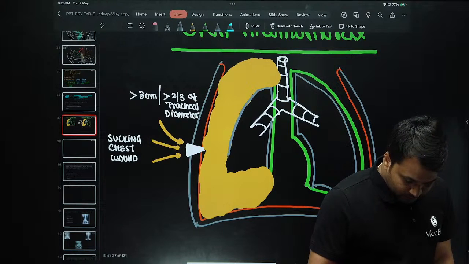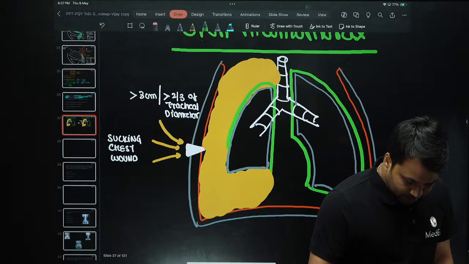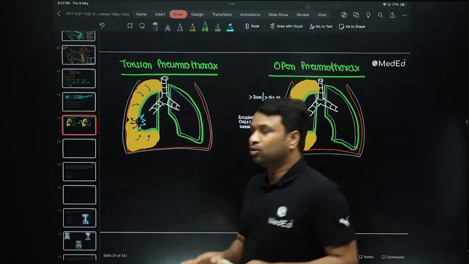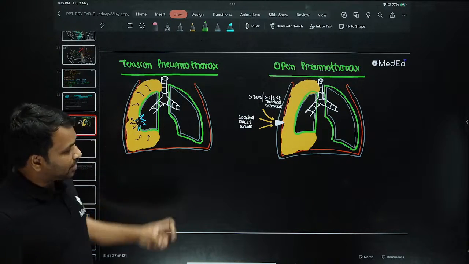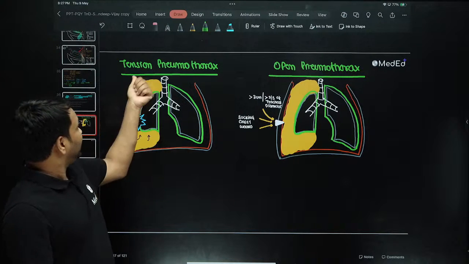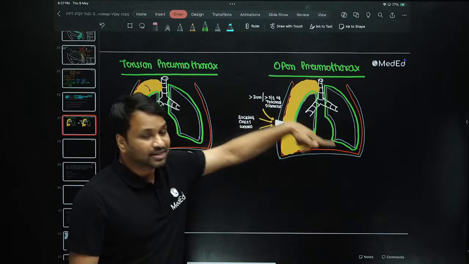This is how the lung is getting compressed, and this is the visceral pleura that is present. So in both tension and open pneumothorax, the air is getting filled. It is compressing the lungs, not allowing the lungs to expand. Hence, there will be respiratory distress. But in tension pneumothorax, air is leaking within the thoracic cavity. In open, the air is coming from outside.